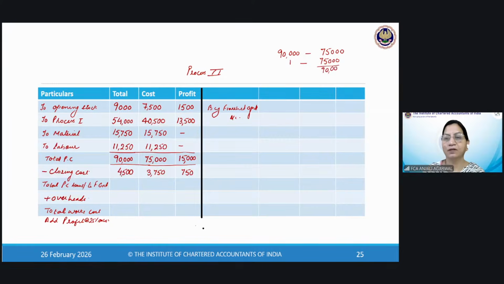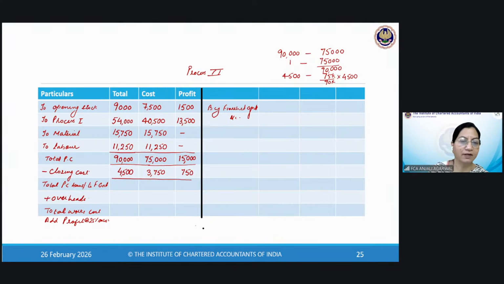Therefore, what will be the cost in closing stock of 4,500? 75 by 90 into 4,500. So the proportion is 0.8333 into 4,500, which gives you the cost included in the closing stock, 3,750. So this should be subtracted.